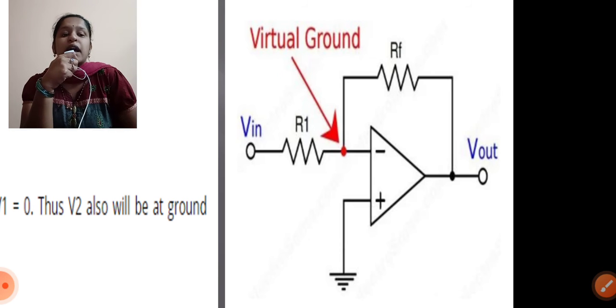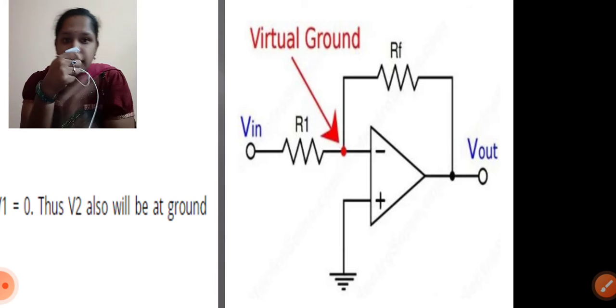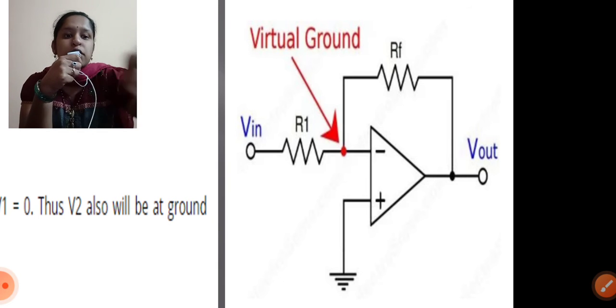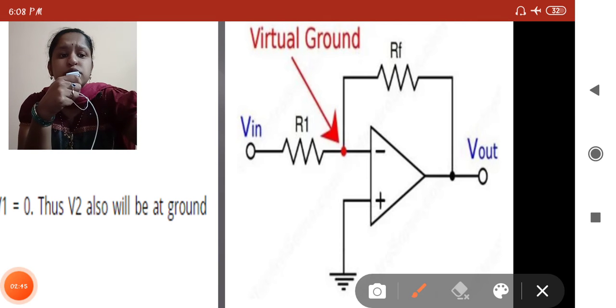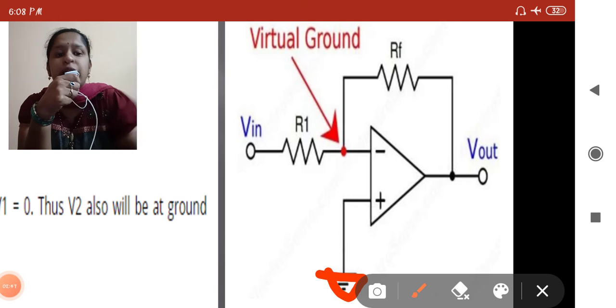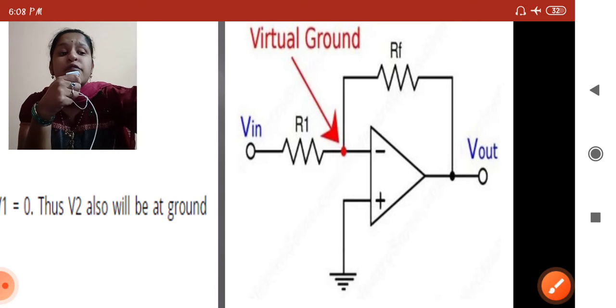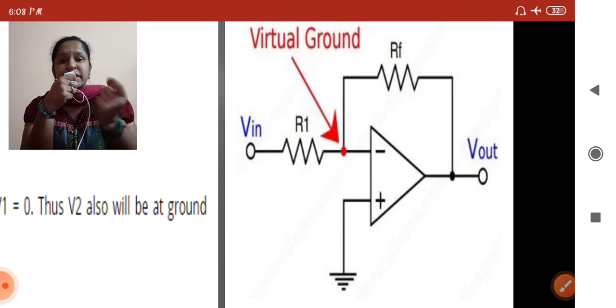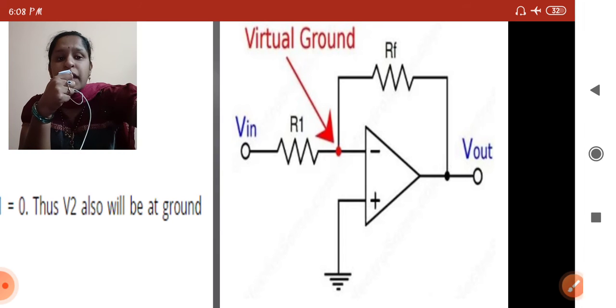In circuit diagrams, you mention the ground symbol. One is this one, and they may give it like that too. These are the symbols. Without giving the ground symbol, it is a virtual ground.